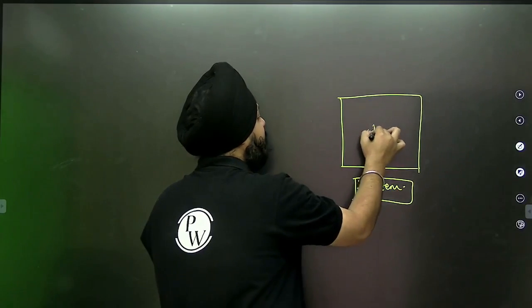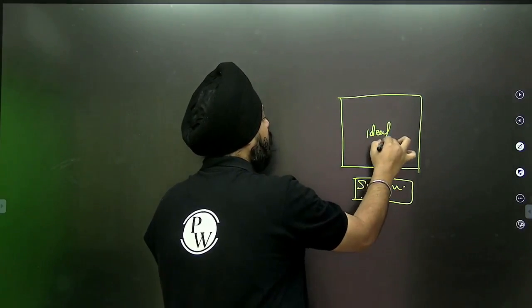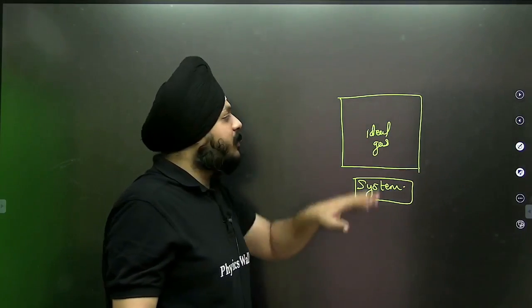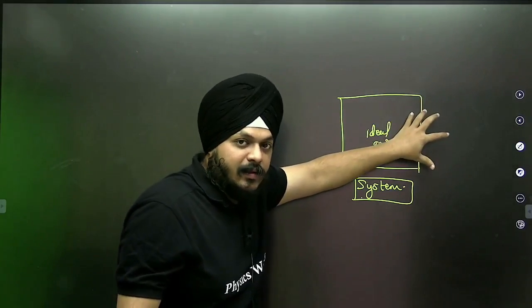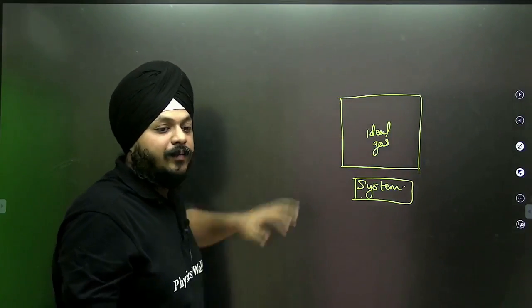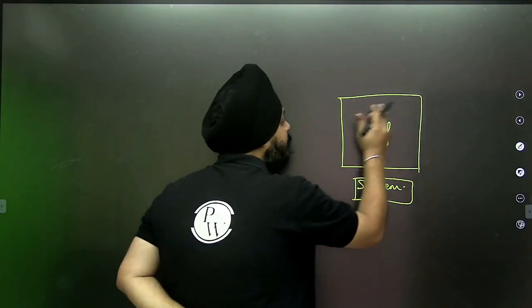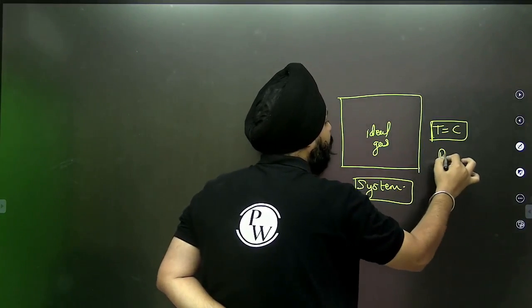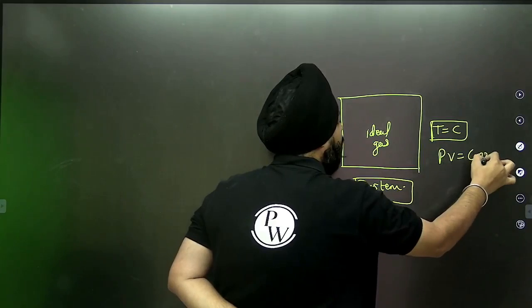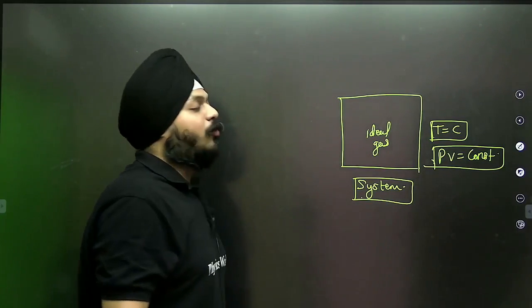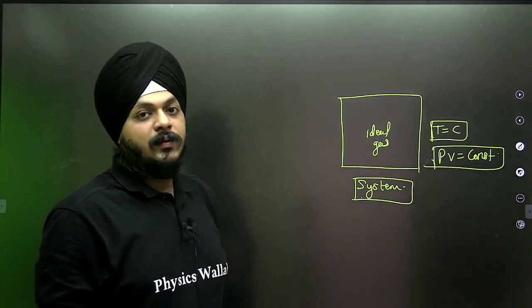Ideal gas is present inside it. If we are talking about the temperature difference, then between the system and the surrounding there exists a temperature difference. But if the temperature of the system is kept constant, then pressure and volume vary with this equation.